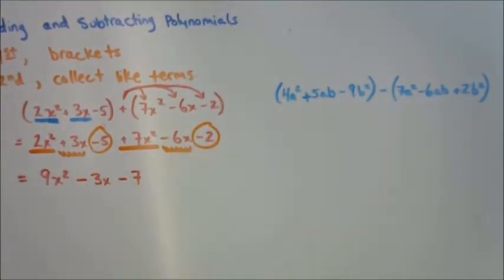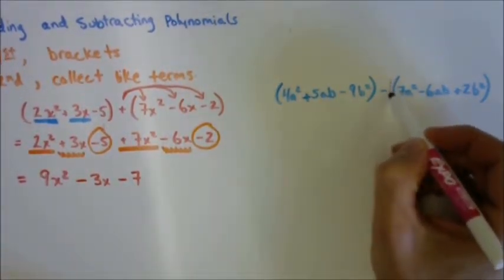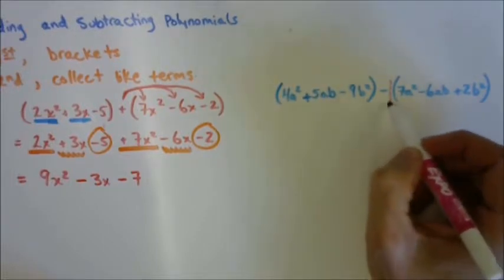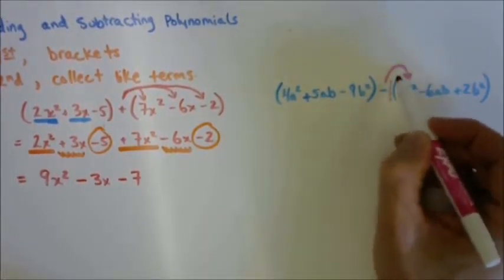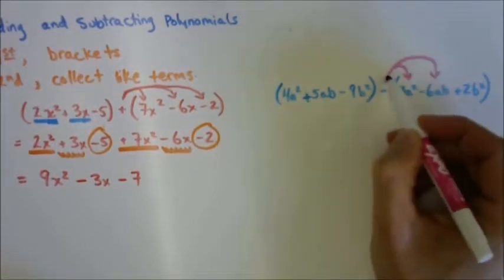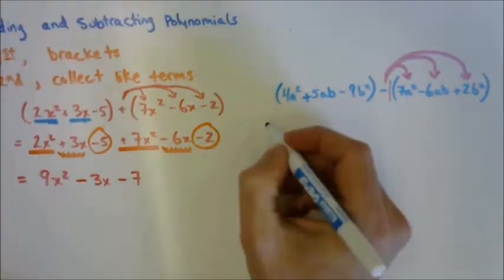Well, now we need to be careful not to get tricked, because this minus sign is really like a minus 1, and it's multiplied by that second bracket. So this negative 1 needs to distribute to each term inside that second bracket. So let's go ahead and rewrite this and see what it looks like after we've done that.